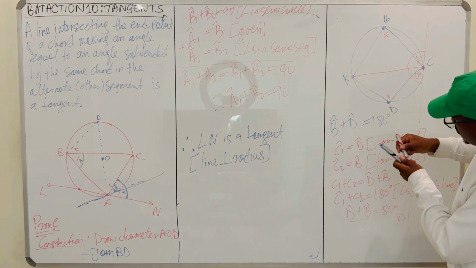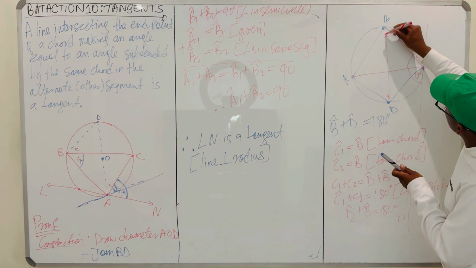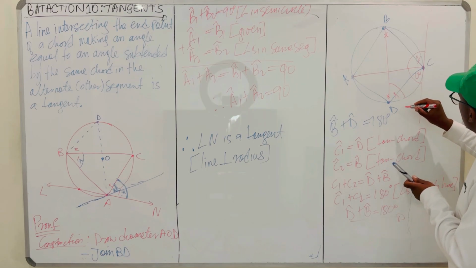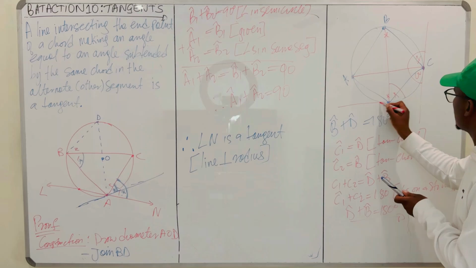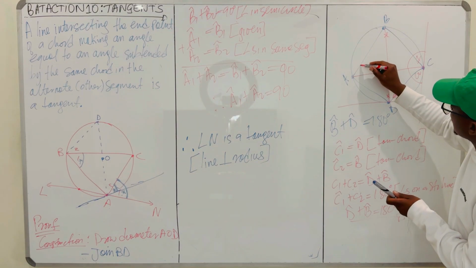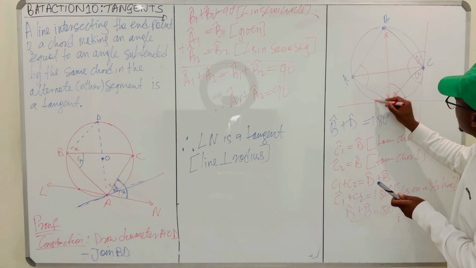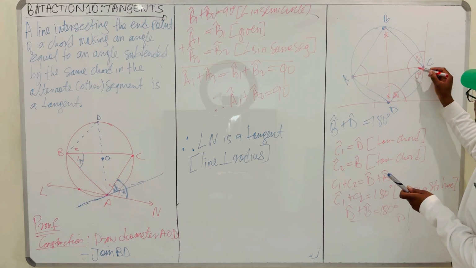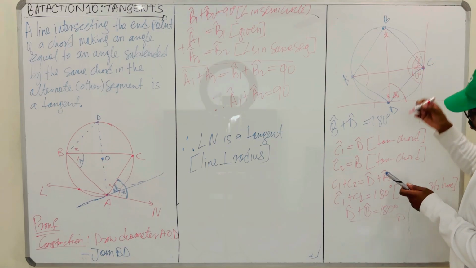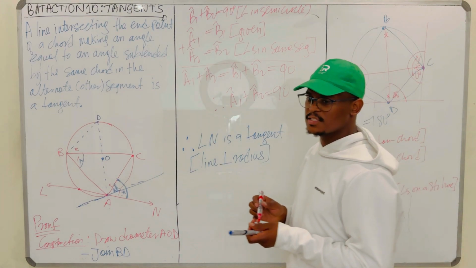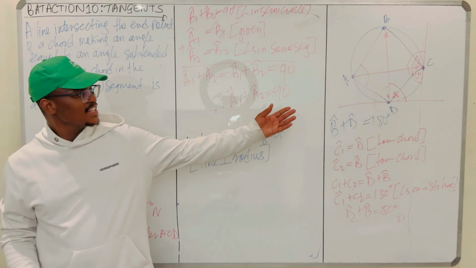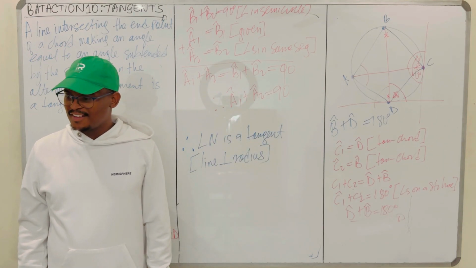So look, this angle between the tangent and the chord is equal to this angle up here. And this one here is equal to the angle up there. It's doing the same thing but on a different side. And that's it. I think that is the easier one for me. Yeah, this one is straightforward.